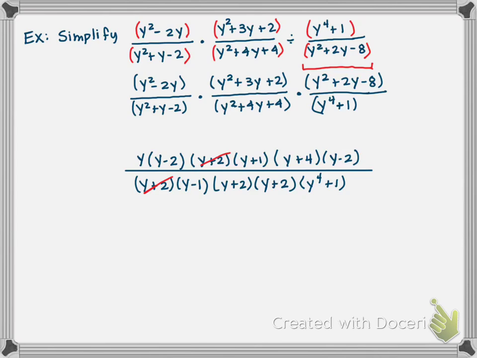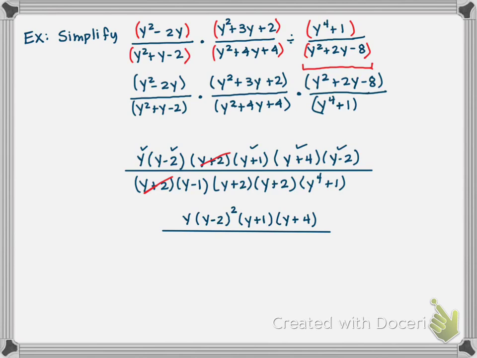So for this whole thing, you can use exponents to condense things a little bit. So we have y times, there are 2 factors of y minus 2 on top, so I can write that as y minus 2 squared. That took care of this one and this one. And then I have y plus 1 and y plus 4. So that one and that one.